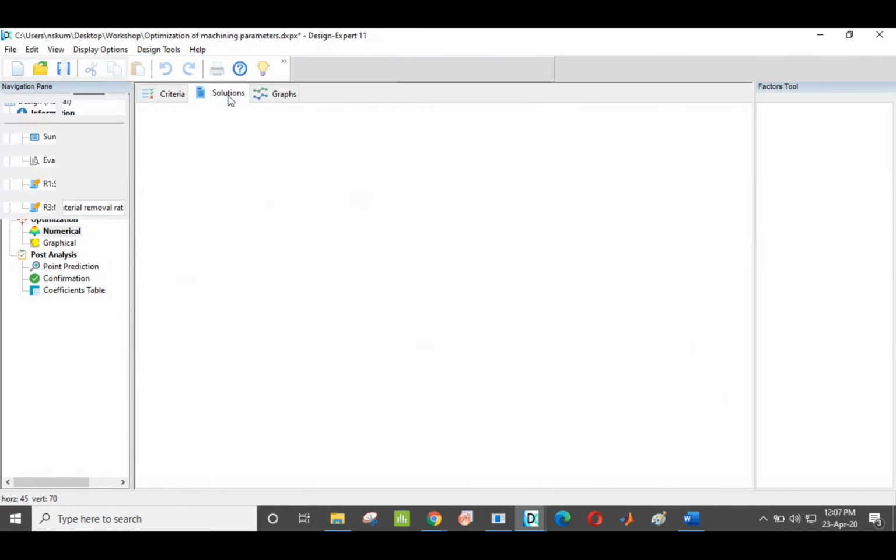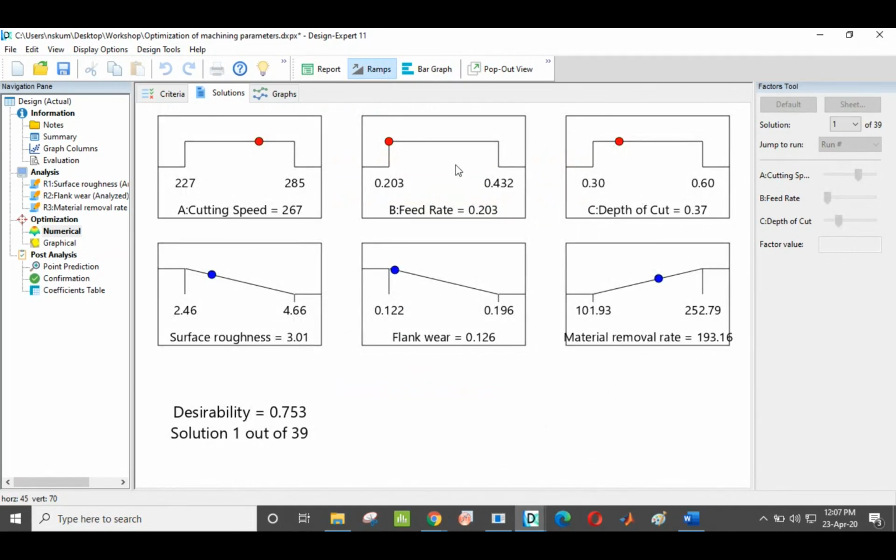Now I am going with solutions. The solution is the cutting speed is 267, that is, an in-between value is obtained as the optimum value. The feed rate is 0.203, that is the lower value, and the depth of cut is an in-between value of 0.37.